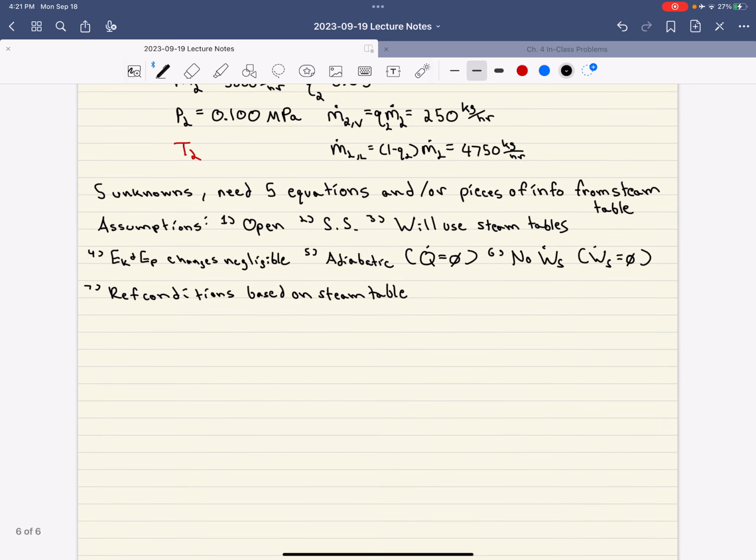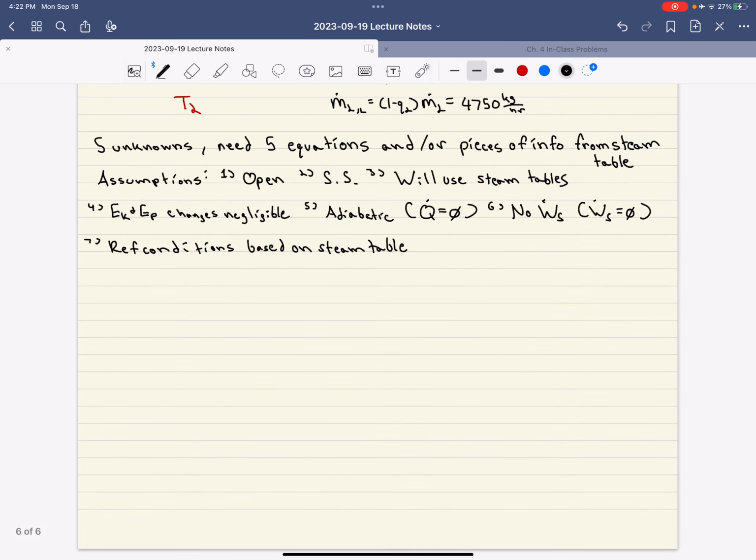Okay? All right? So using those assumptions, let's proceed through our balances. Our material balance: accumulation is equal to input minus output plus generation minus consumption. We're not dealing with any reaction, and it's steady state. Therefore, our inputs are equal to our outputs.